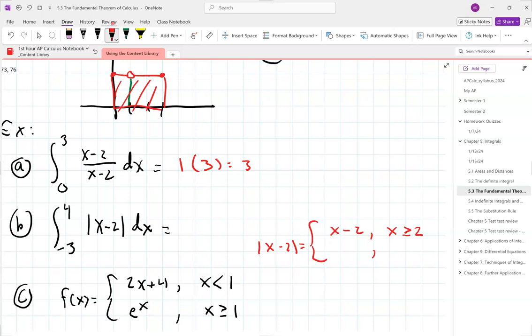Okay, so if x is less than 2, what do we do? We have to make it negative, right? If x is 0, I get 0 minus 2, that's negative 2. And then if I make that negative, that's doing what the absolute value is doing, right? Does this feel okay?